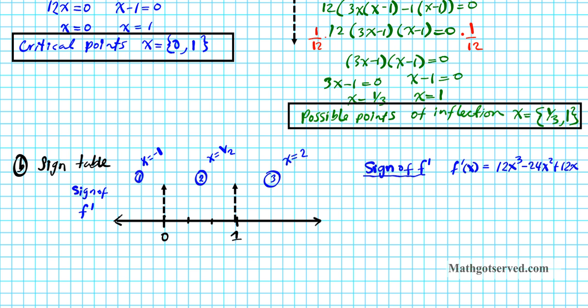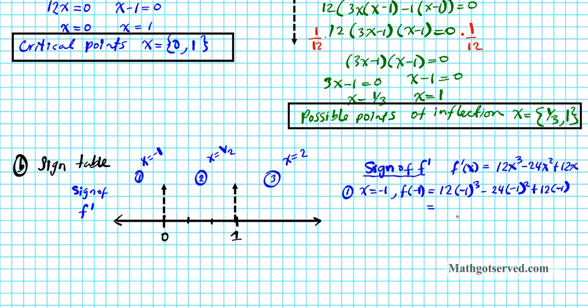Okay, all right, so let's start with the first candidate, which is interval 1. We picked the candidate of -1. So let's try x equals -1 and see what the sign is. Okay, so for that one, we're going to look for f prime of -1, which is equal to 12 times -1 to the third minus 24 times -1 squared plus 12 times -1. All I care about is just the sign.